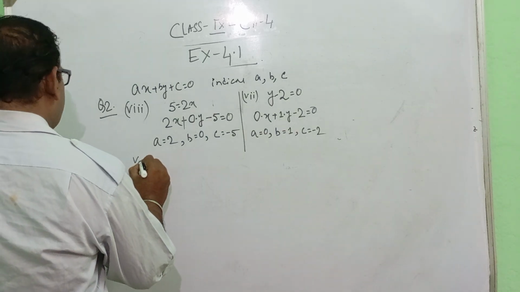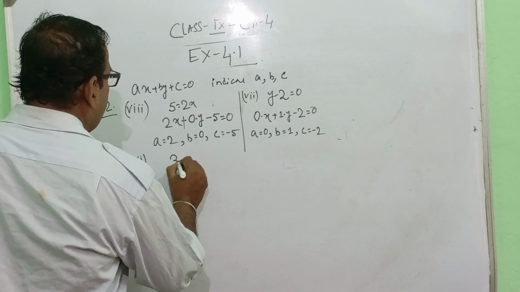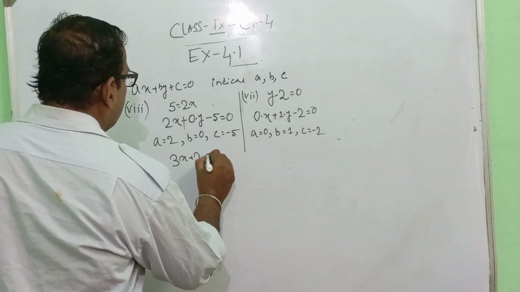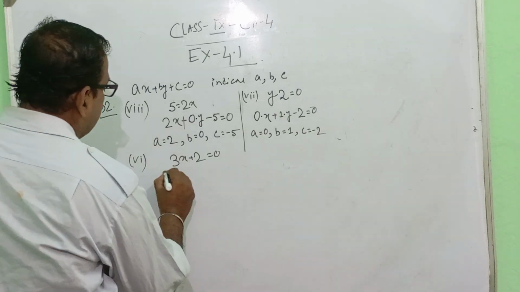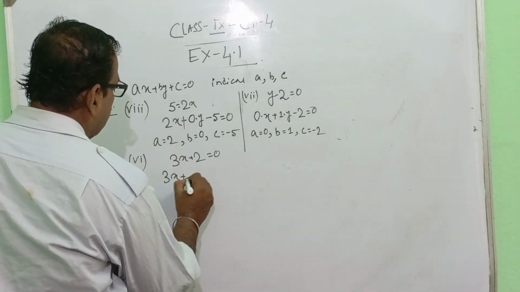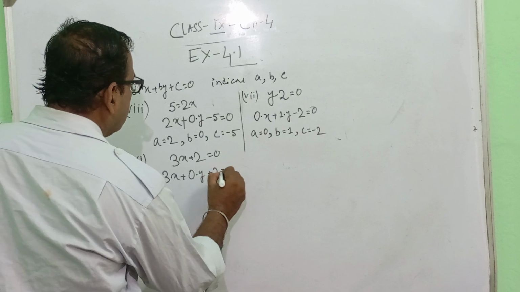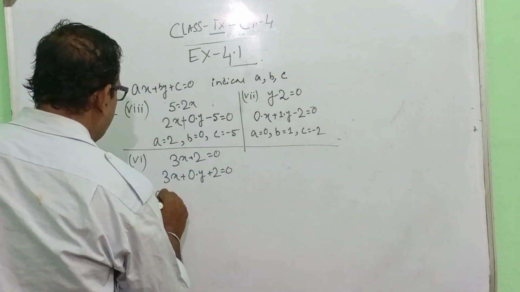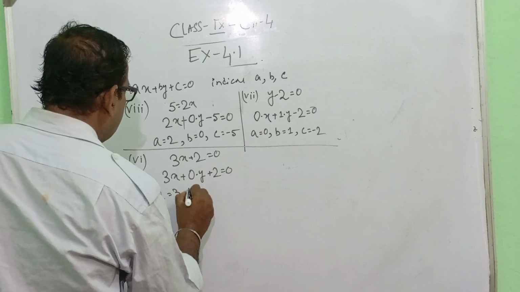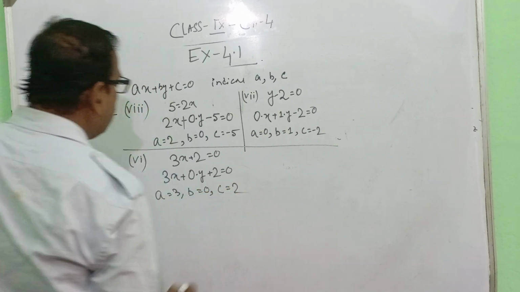Now we go to question number 6. 3x plus 2 is equal to 0. Now how do we write that? 3x plus 0 into y plus 2 is equal to 0. Now a is equal to 3, b is equal to 0, c is equal to 2.